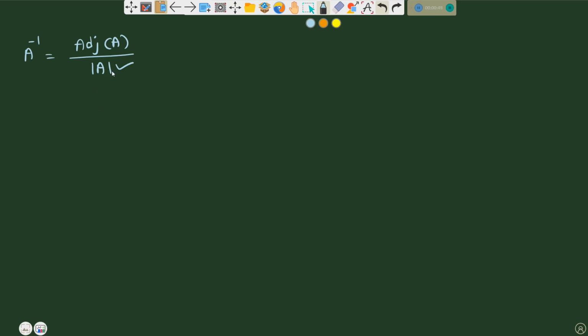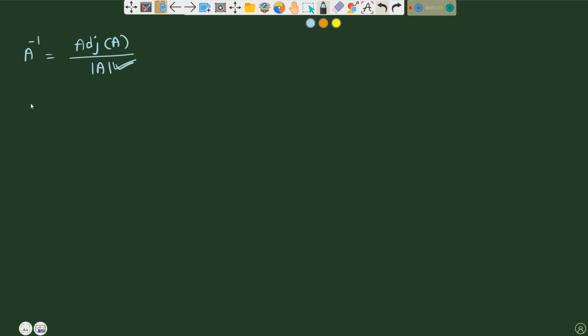If the determinant of A is equal to 0, you cannot find the A inverse, because if you are getting some value for the adjoint of A and 0 in the denominator, that is determinant of A is 0, then 1 by 0 will be what? Undefined or infinity, correct? So that should not happen.